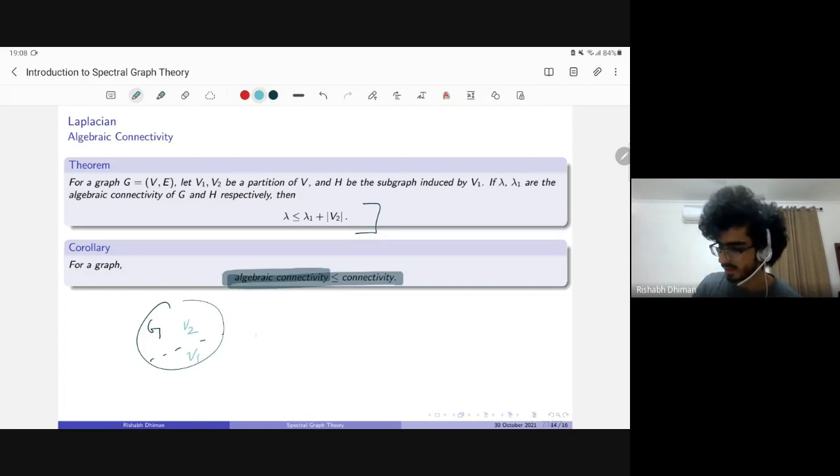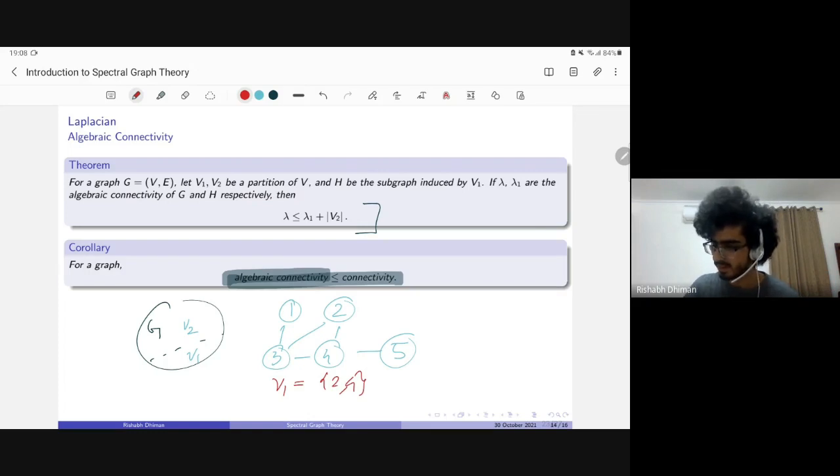Now consider the graph that you get if you only consider the edges which are part of V1. So for example, if you have this graph 1, 2, 3, 4, 5, again, I'll just take the same example. And I chose V1 to be 2, 4.